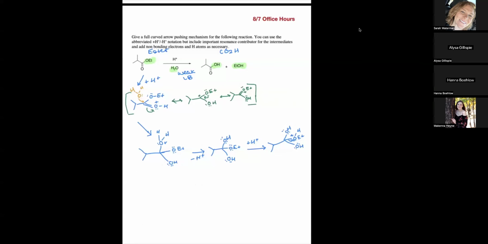And then what we end up getting here is we have our OH, OH, and then we have this positive charge here. So for resonance contributors on this one, what we see is OH, whoops.